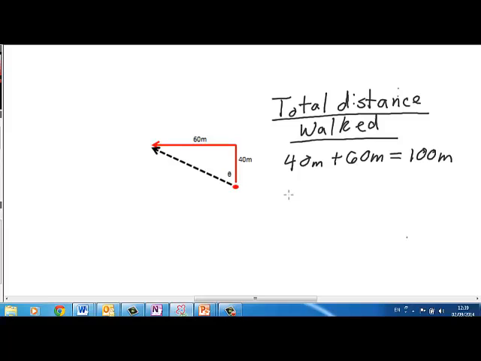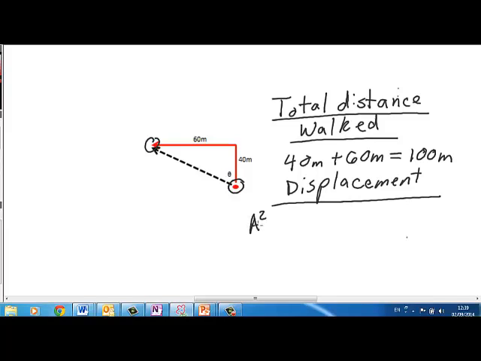What about your displacement? Well, remember that your displacement is just the length from where you start to where you finish. So we need to find the hypotenuse of this right triangle, or the resultant of these two components of your displacement. We can do that by using Pythagoras' theorem.